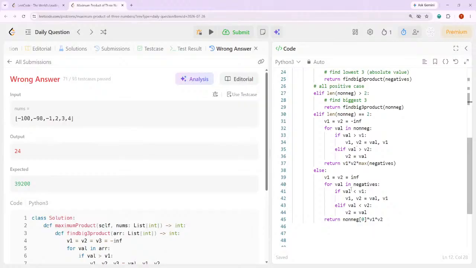So this is the only case where you actually want the smallest numbers. That's these when you want the biggest two as well. These when you want the smallest numbers.